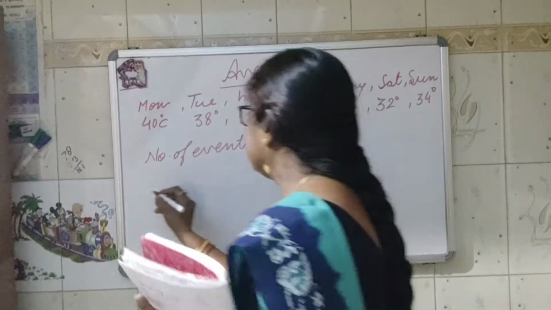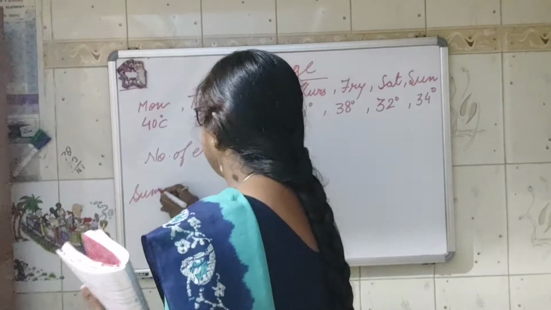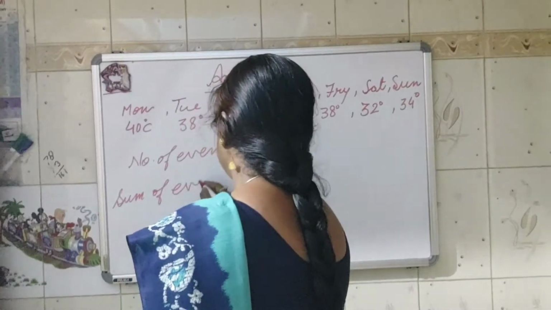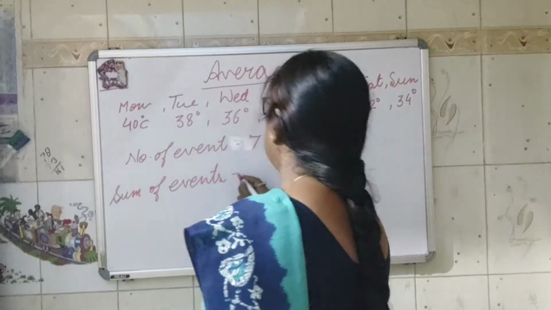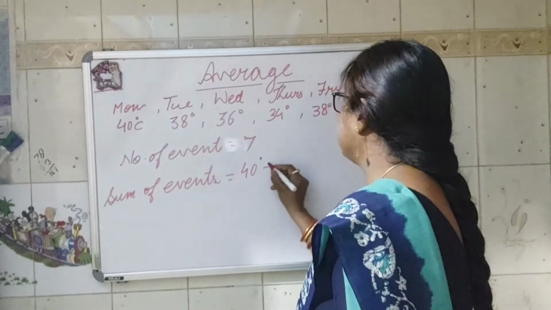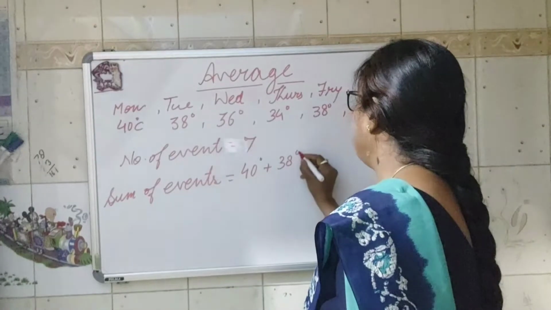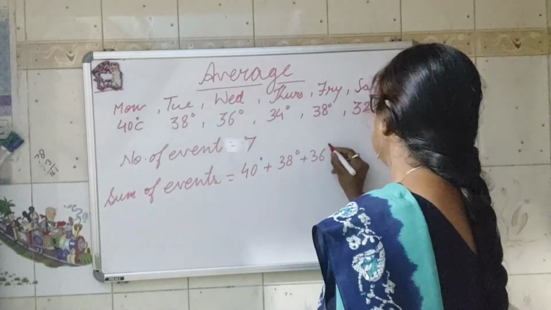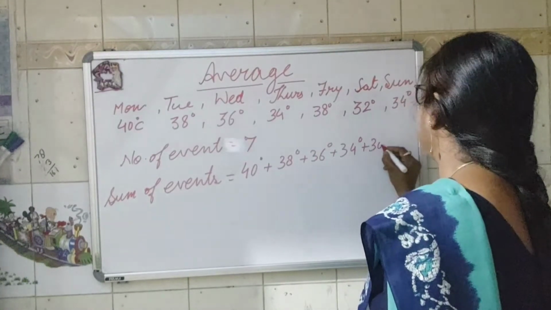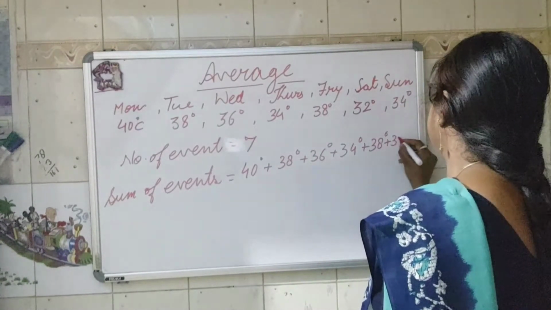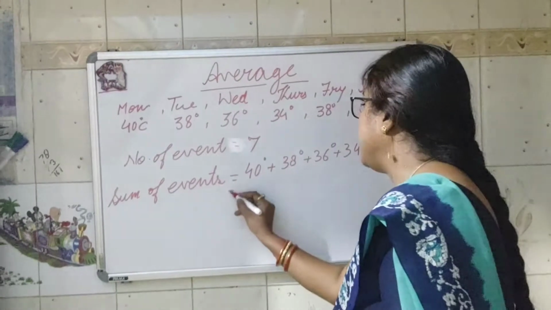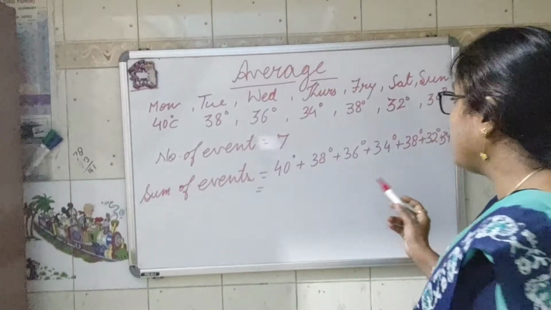Now sum of events is equal to 40 degree plus 38 degree plus 36 degree plus 34 degree plus 38 degree plus 32 degree and plus 34 degree. What you have to do? First you have to find the sum of these 7. Okay, so I am going to add mentally.